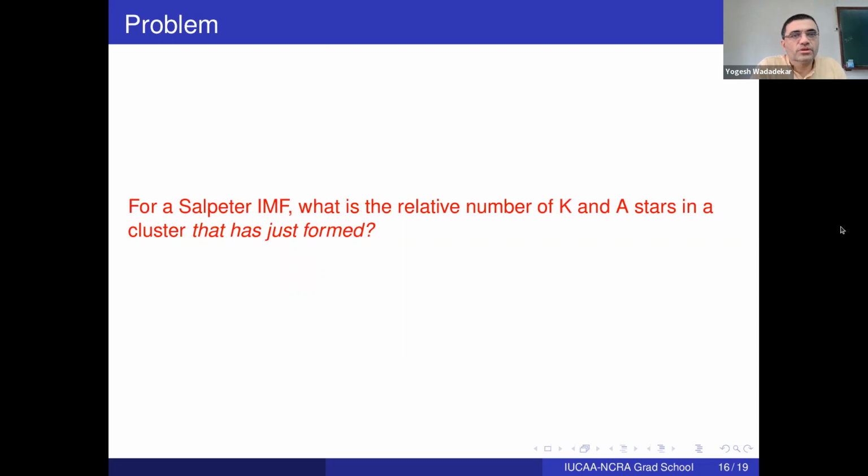Okay. So you can ask yourself a question like, for the Salpeter IMF, what is the relative number of K and A stars in a cluster that has just formed? So if you plug in the typical mass of a K star, which is 0.4 solar masses, and of an A star, 2.5 solar masses, into that formula, remember there's a 1 plus x in that formula, you can work it out as homework.